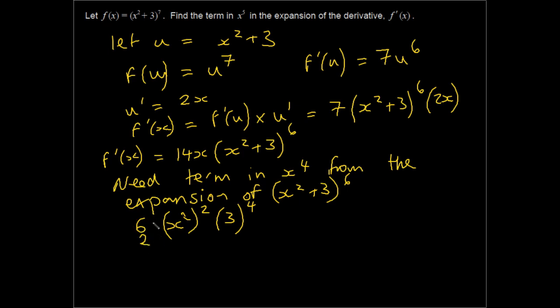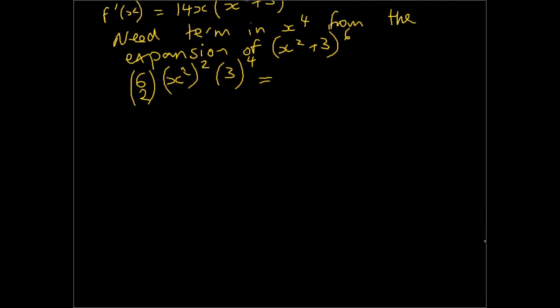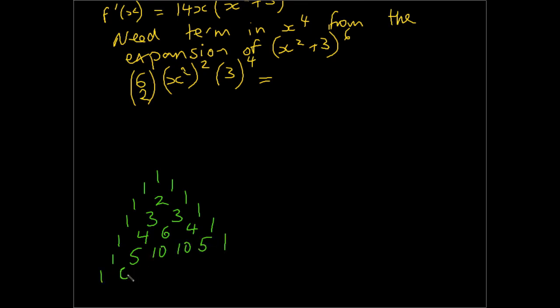So it should be that one. So that is going to equal 6 choose 2, which I can work out using Pascal's triangle. Let me just scroll down here. Pascal's triangle starts off 1, 1, 1, then 1, 2, 1, 1, 3, 3, 1, 1, 4, 6, 4, 1, 1, 5, 10, 10, 5, 1, 1, 6, 15, 20, 15, 6, 1.